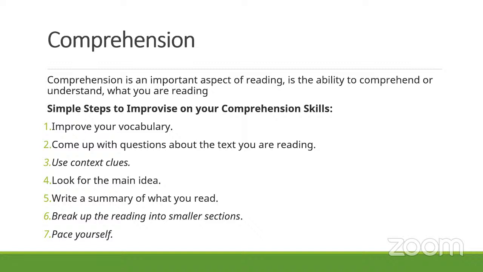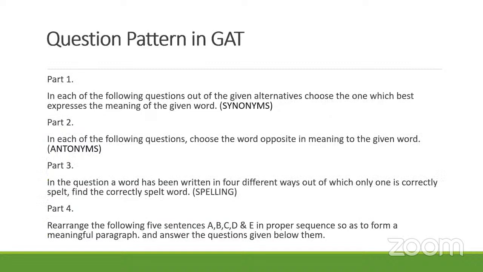Moving forward, usually these are the patterns of questions that come in the general ability test examinations in terms of language. So there are different parts. These are a few of the parts where you will get questions, in which the first one is where there is a question in each of the following: out of the given alternate choices, which one expresses the meaning of that given word the best.